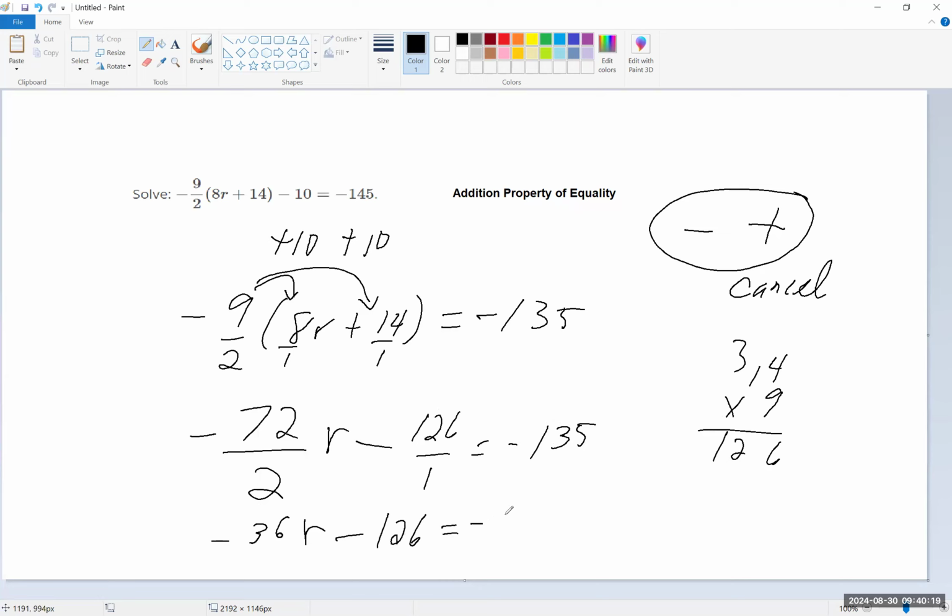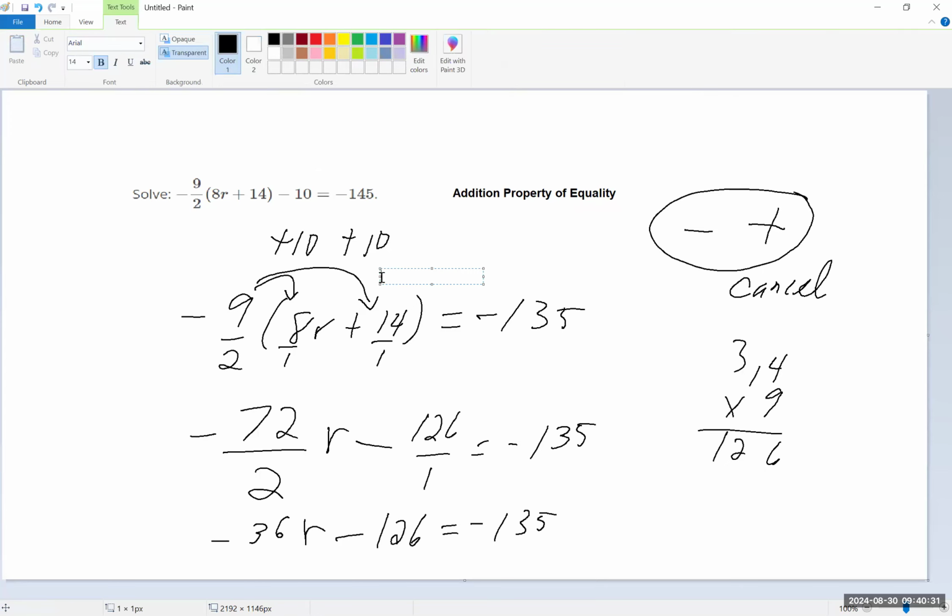Bring everything else down for now. And by the way, it's worth pointing out that what I did here was use the distributive property. And then, of course, I reduce the fraction.